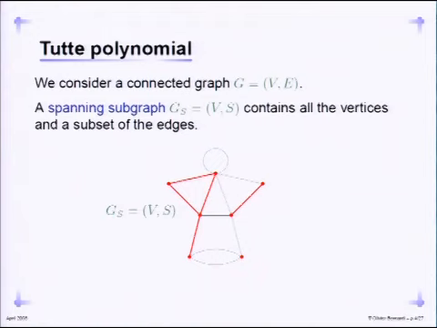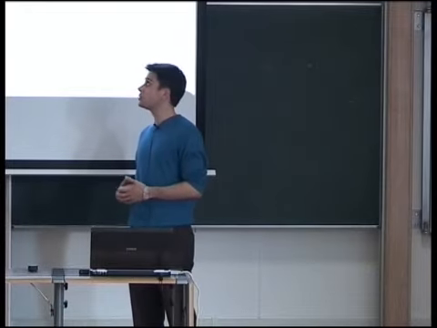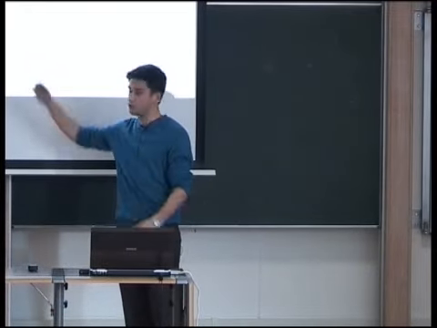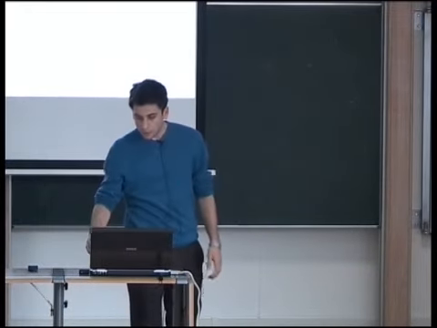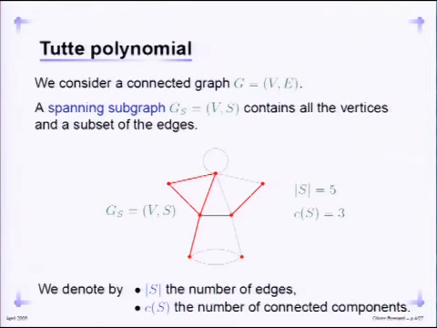Now I want to define the Tutte polynomial of this graph, and for that I will look at subgraphs, more precisely spanning subgraphs. These are the subgraphs that contain all the vertices and a subset of the edges. So you have an example here in red, and I will look at two parameters: the number of edges, that I will denote by cardinality, and the number of connected components.